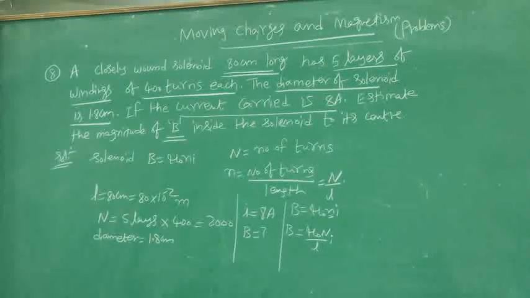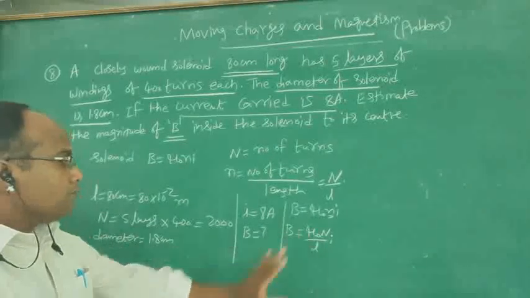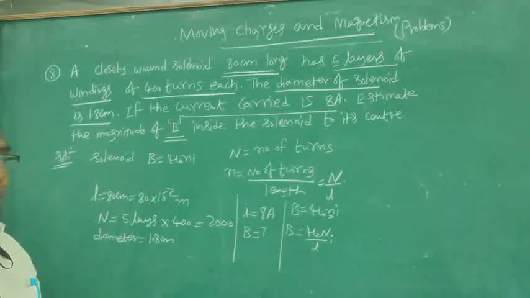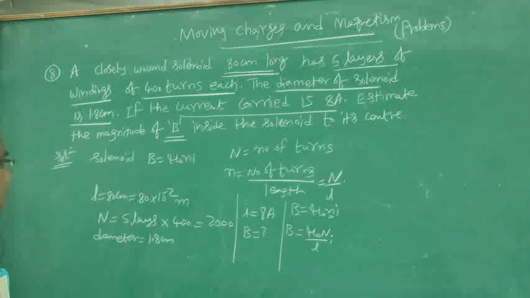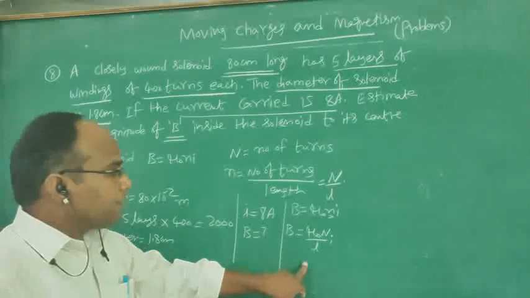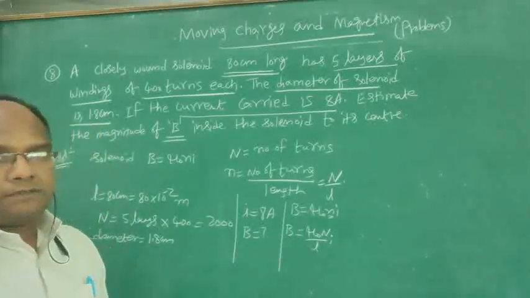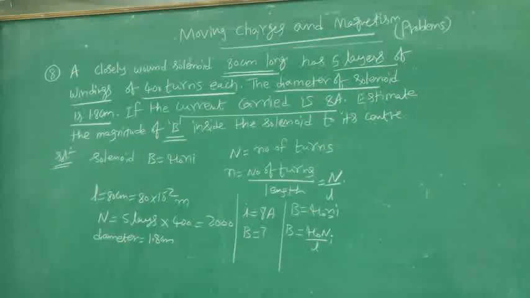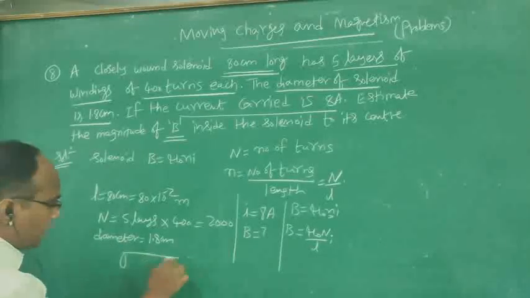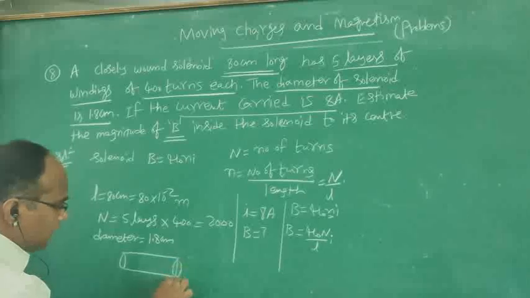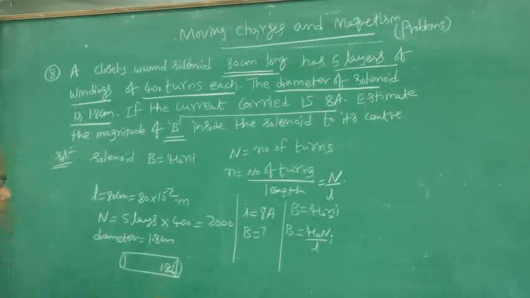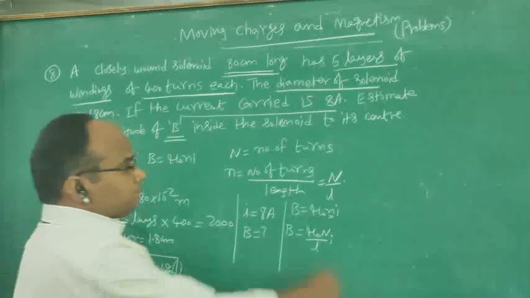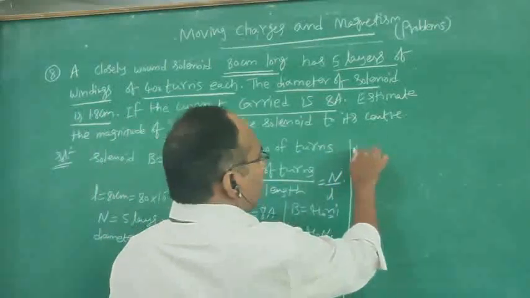So what is the meaning of this one? Mu naught, 4 pi into 10 to the power of minus 7. N means, what is the value? 2000. Length, I got it. And current is also there. But diameter is not necessary. Why? Because the diameter of the solenoid is given, this diameter of the solenoid is 1.8 centimeter, so it is not necessary. So in this one, what should I write?